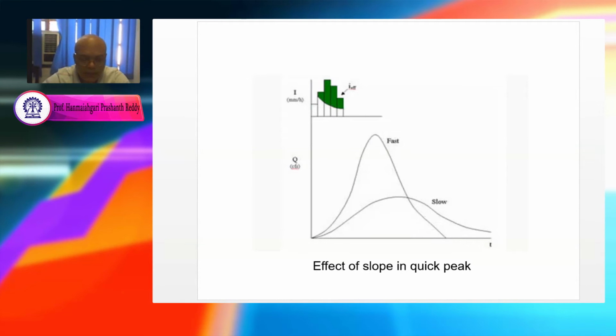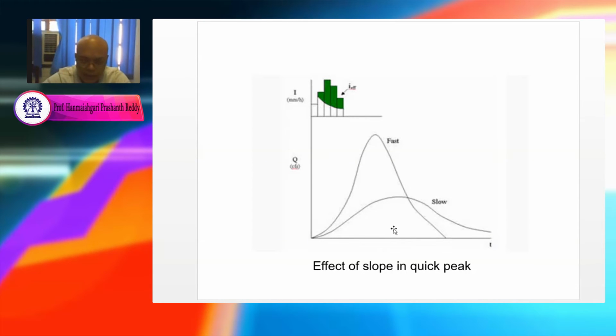Then another impacting factor is the slope of the basin. If the basin slope is high, then the peak discharge is high. Why is the peak high? Because within no time, all the water from all the corners reaches the outlet. So the peak will be high, and the peak occurs quickly in higher sloped watersheds.